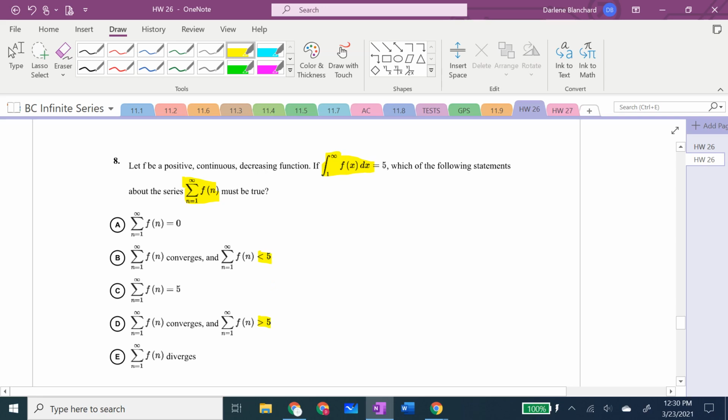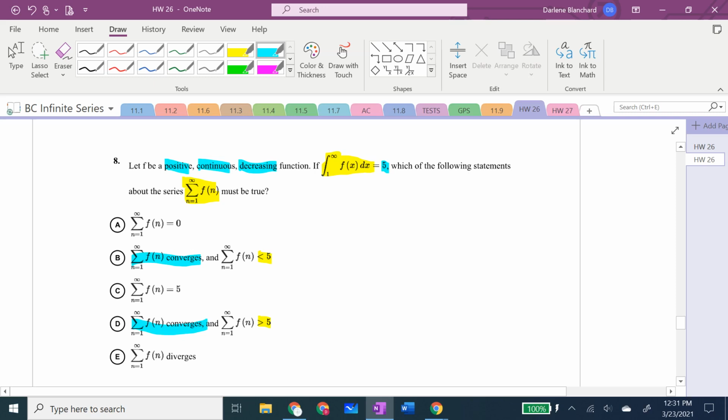You're expected to see that because this is 5, your series will converge. The integral test is going to cause that to happen because f is positive, continuous, and decreasing.